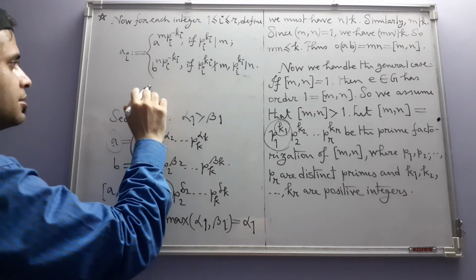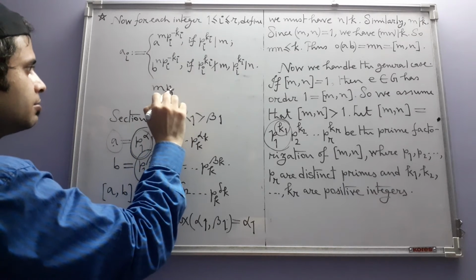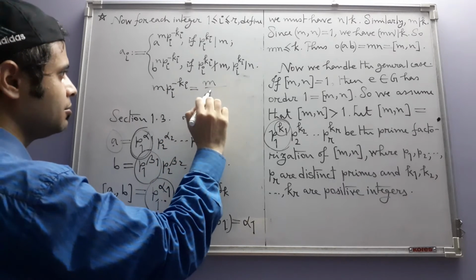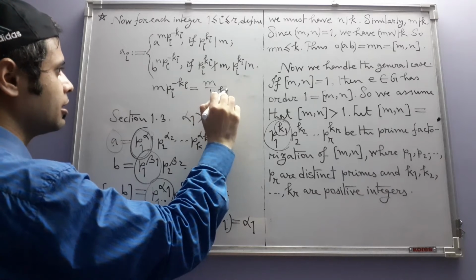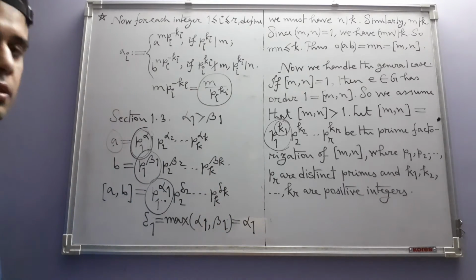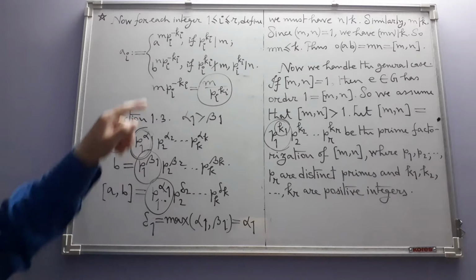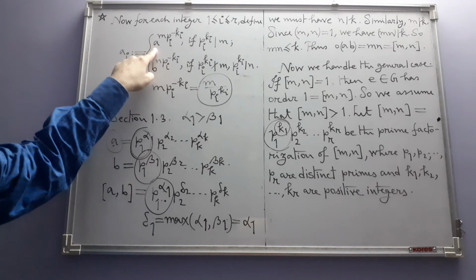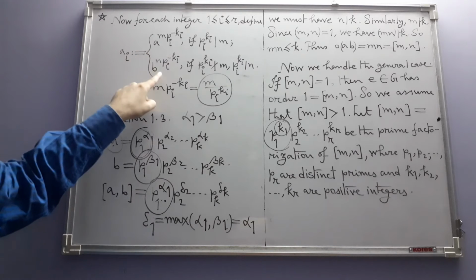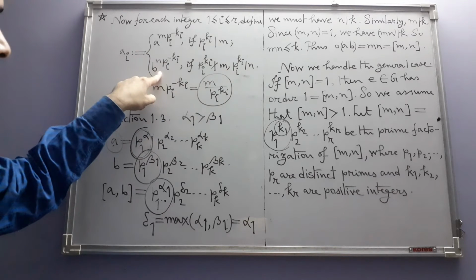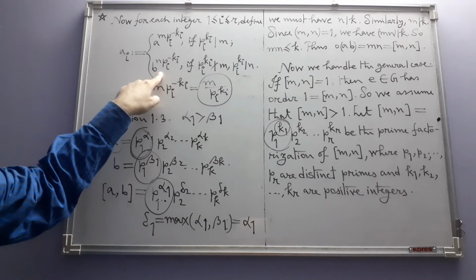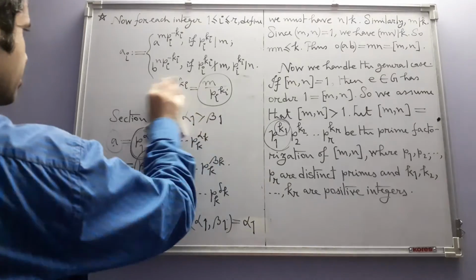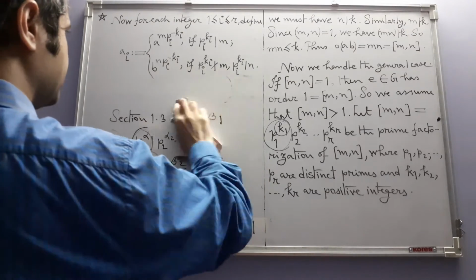Now m times this, if you look at this carefully, this is nothing but m divided by pi to the power ki. So this thing is a positive integer, and so this is a positive integral power of a in our group. Similarly, in this case, this is a positive integral power of b. Okay, but we have to, of course, at least write a line.